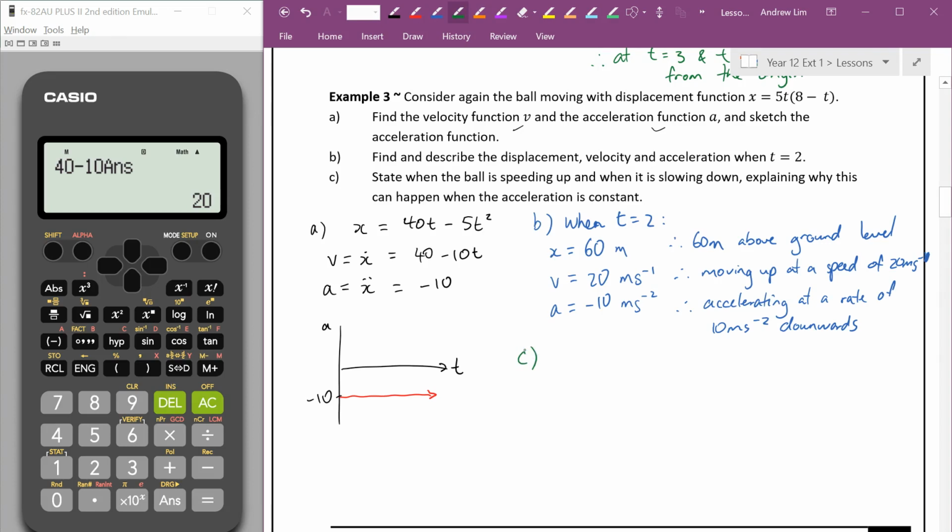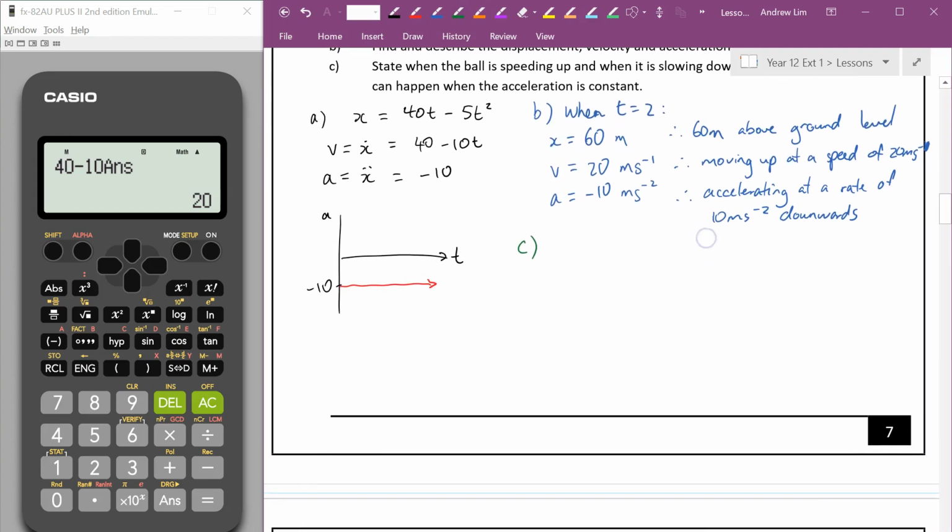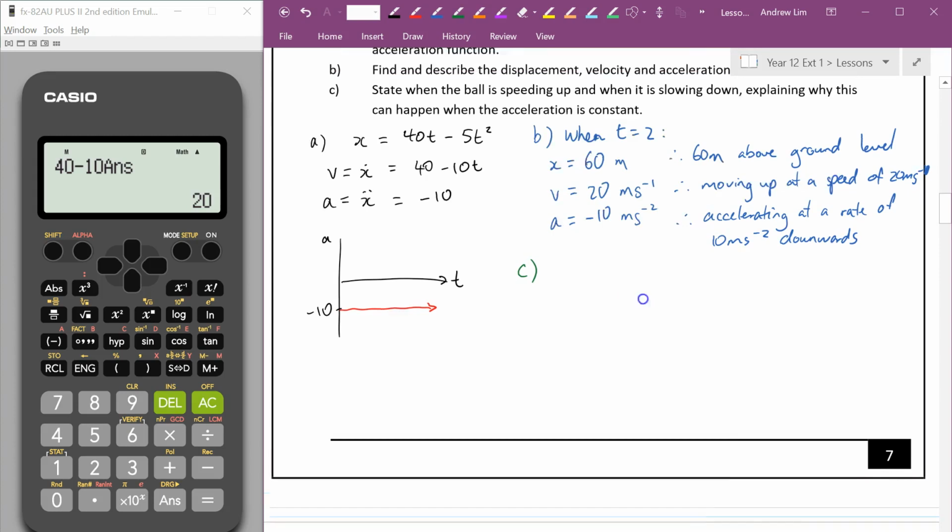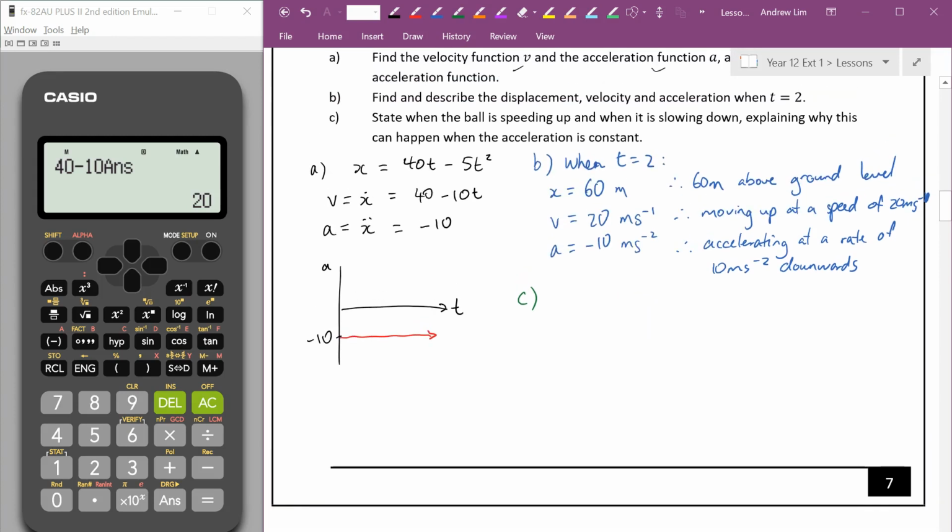Alright, C. State when a ball is speeding up and when it is slowing down, explaining why this can happen when the acceleration is constant. So I think it might be helpful for us to have a look at drawing the velocity time graph, because we want to think about velocity.